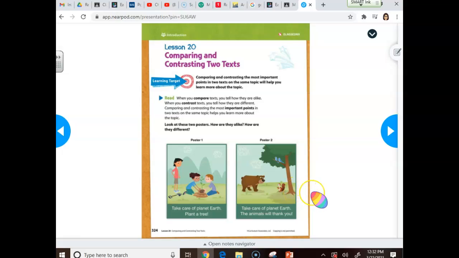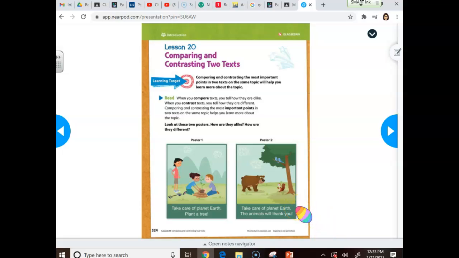So what is the topic? We've talked about main topic. What is the topic of the posters? Taking care of the earth. What are some important points shown in both posters? They both show ways to do what?